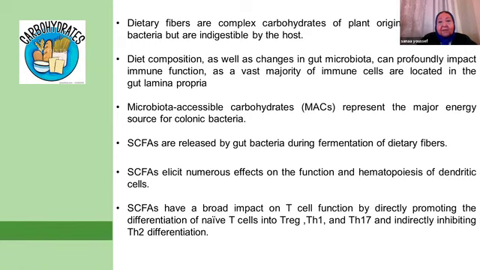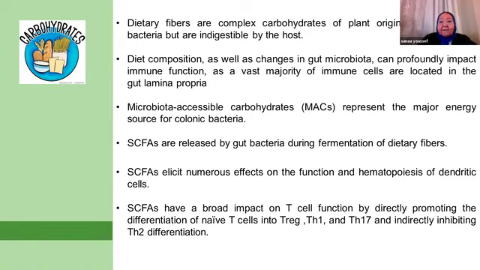Short-chain fatty acids such as acetate, propionate, and butyrate are usually released in the GIT following the fermentation of the complex carbs, and they elicit numerous effects and functions, including hematopoiesis of the dendritic cells, and they keep the balance for a good immune function.